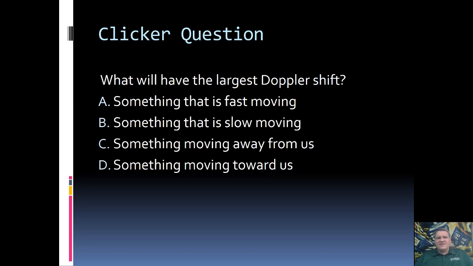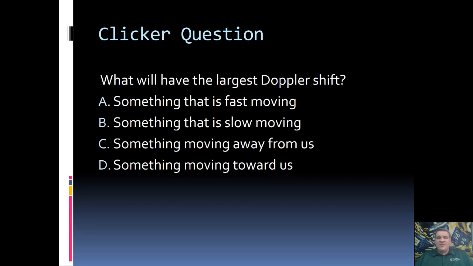You can really tell this if you've ever seen a car race. In a car race, the cars can get up to over 100 miles an hour. And when they zip past, you can really hear that change in pitch, which is caused by Doppler shift. Compare that really rapid change in pitch of a fast car to something that's going slowly down the road.